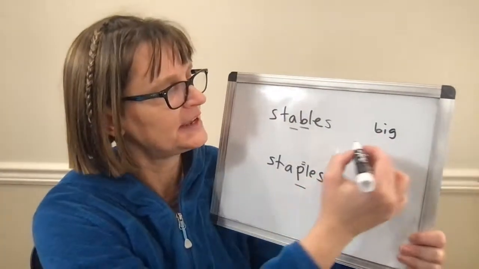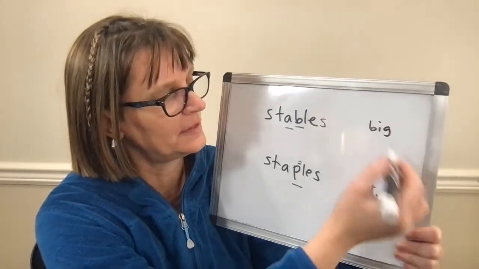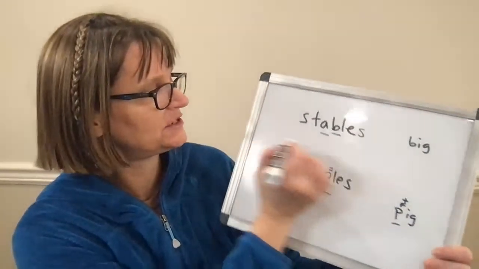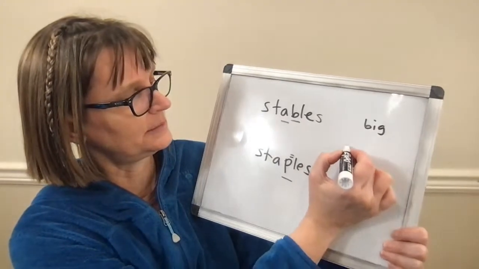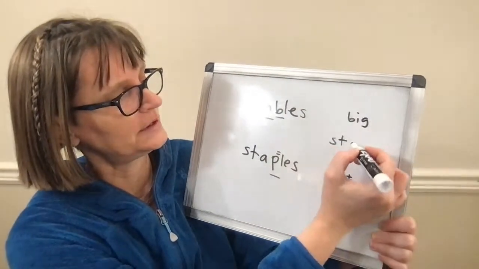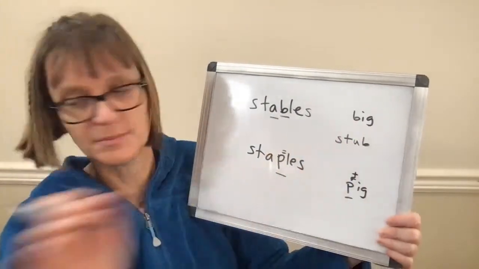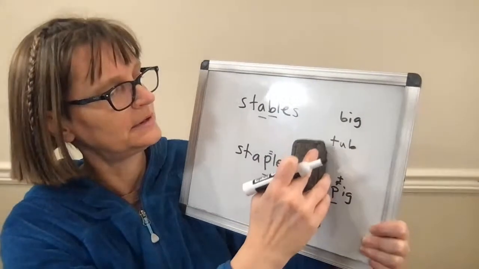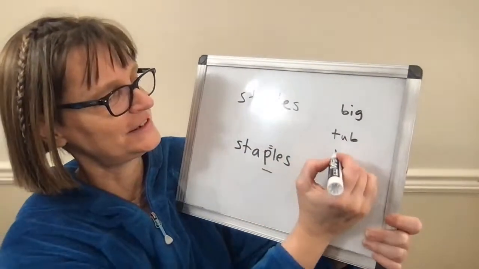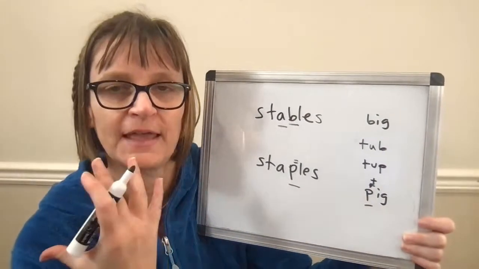So if the B is at the end, say we just had stub or tub. Let's do tub and tup. So these are different in that tub and tup.